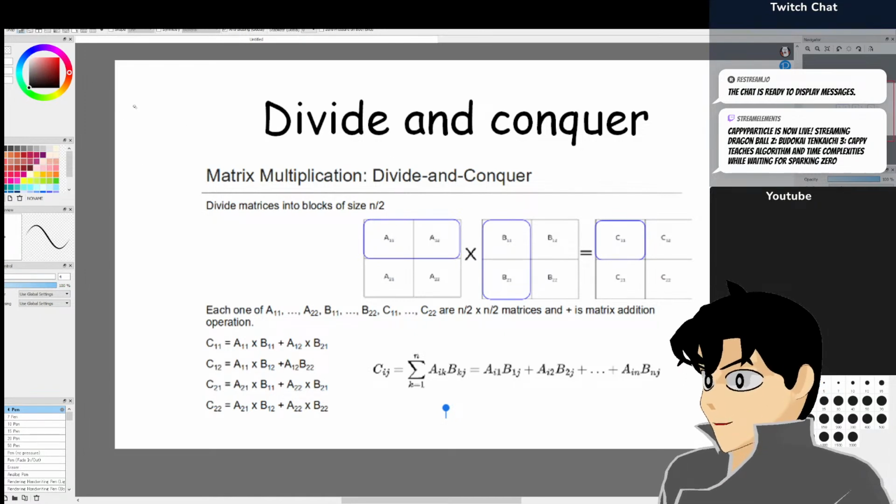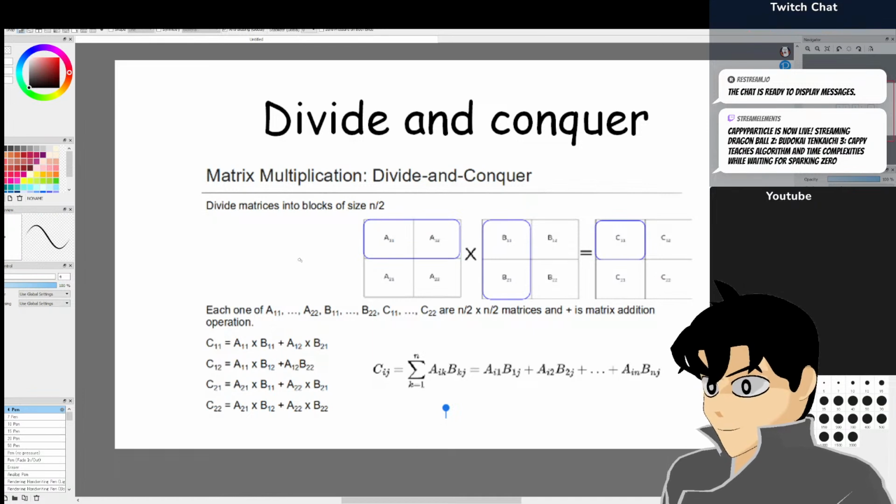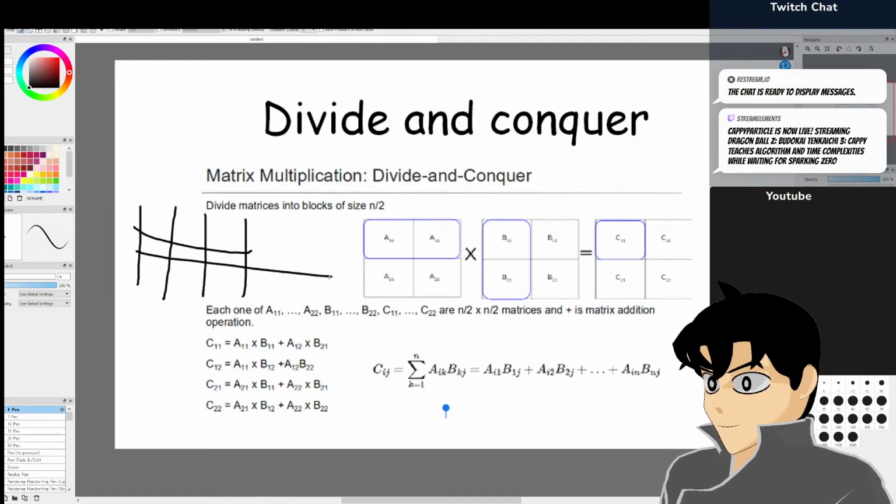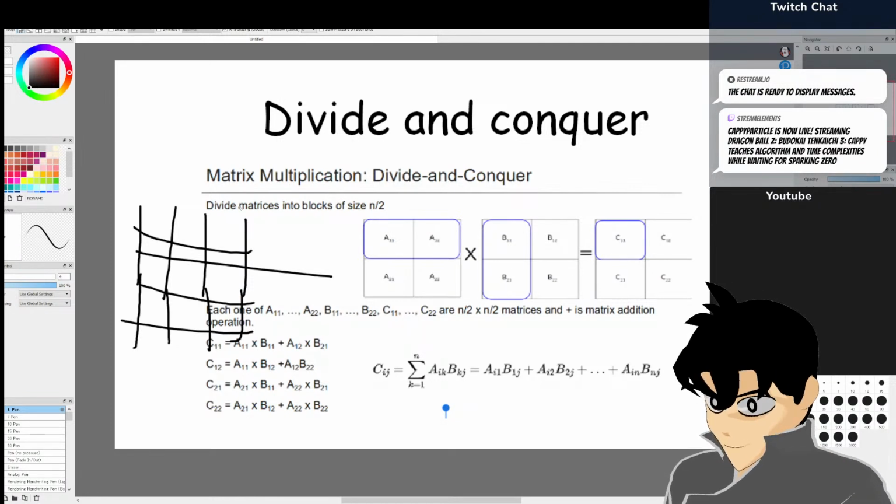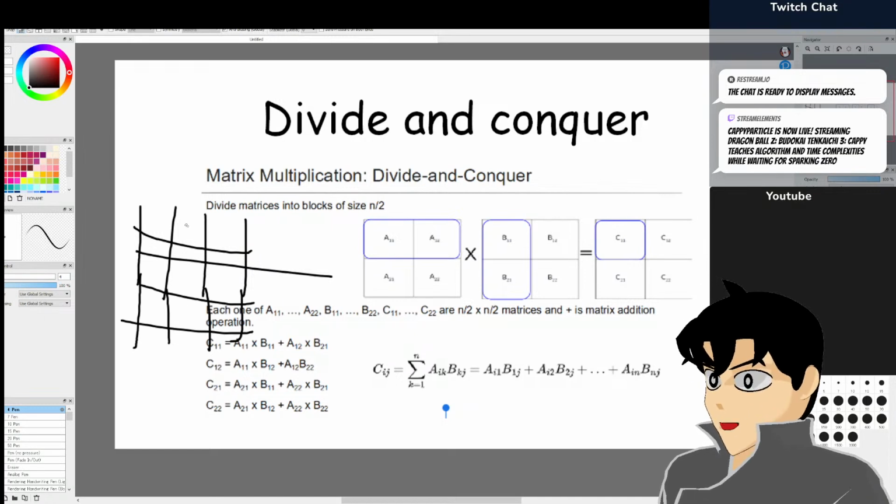So typically, to divide and conquer this, you would divide the matrices into size n over 2. So what you do instead is, if it was a 1, 2, 3, 4 and another 1, 2, 3, 4, you actually split these into 4 sections.